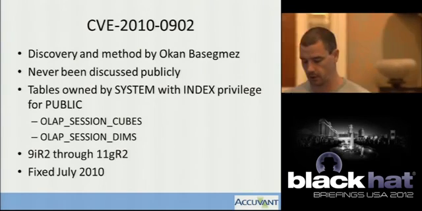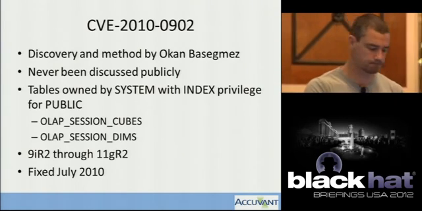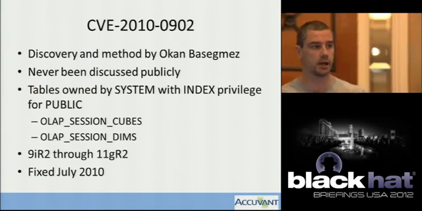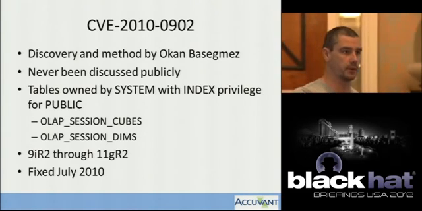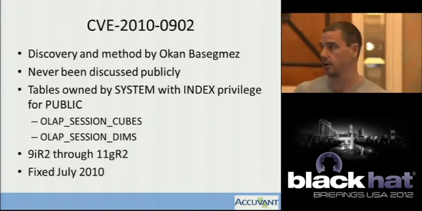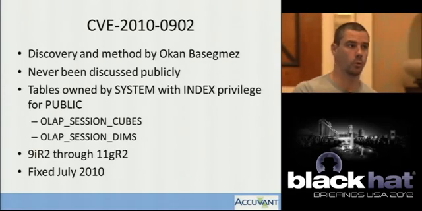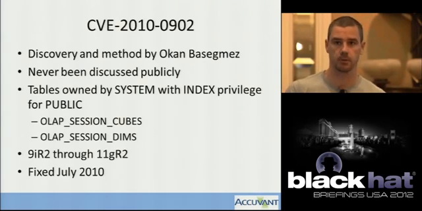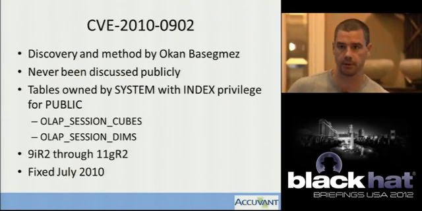So just a quick background on PL/SQL injection. By default, Oracle PL/SQL code, which is the way you develop SQL applications on Oracle, will run with the privileges of the definer. In other words, if I create a PL/SQL procedure or function, it will execute with my privileges.